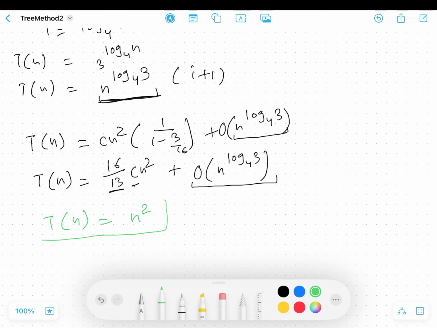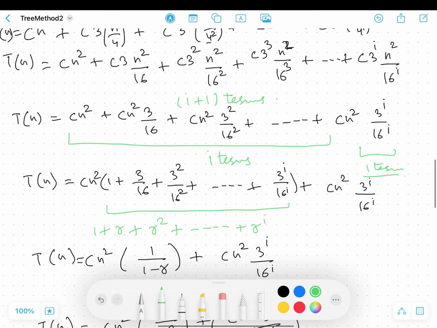And that's our solution to the recurrence. We discarded all these lower values or the constants.